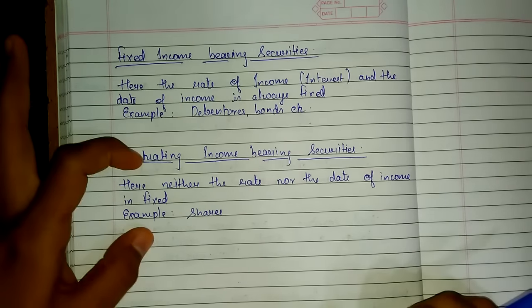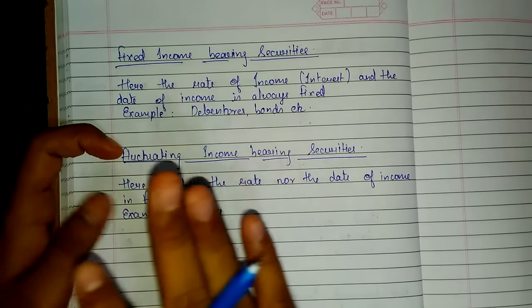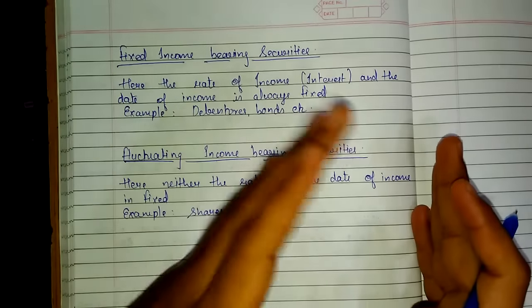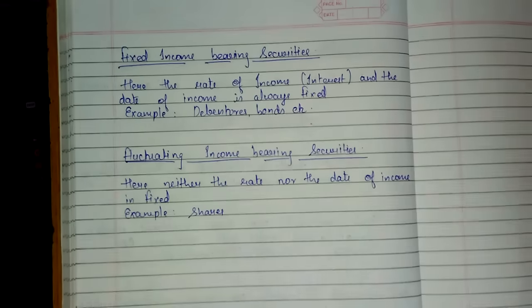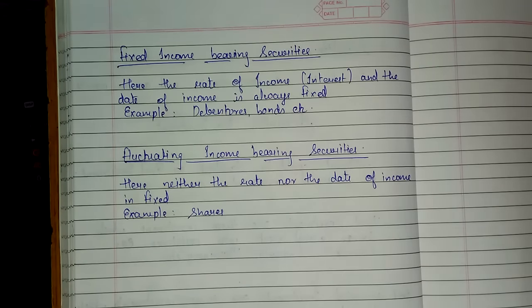So we'll study this fluctuating income bearing securities in the later half. In the first half we'll be studying fixed income bearing securities. We'll be solving sums related to fixed income bearing securities. Not yet, the theory has not completed.